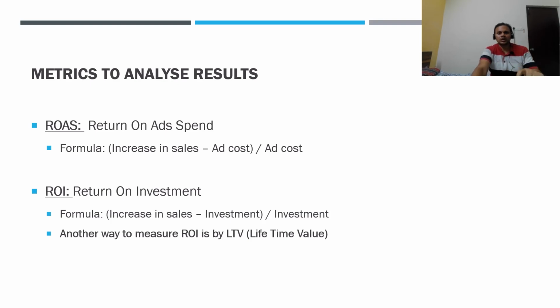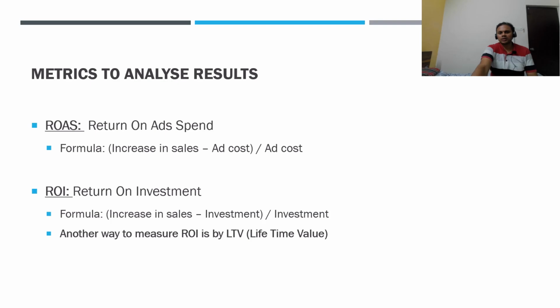That also needs to be included in your investment, and that, you see, is how you will decide if your return on investment is coming out positively or not. Return on investment typically happens to be smaller than return on ad spend as a metric, because your investment amount always comes out higher than simply the ad spend, right? So that is how you measure return on investment.